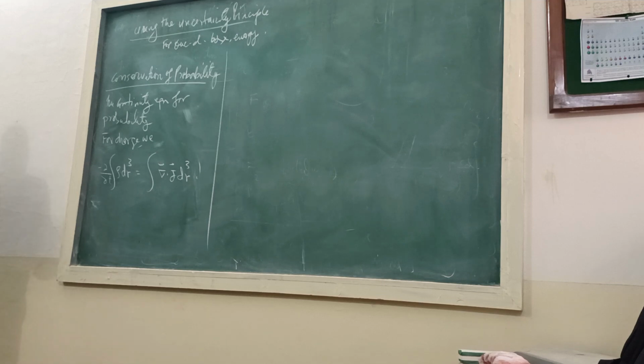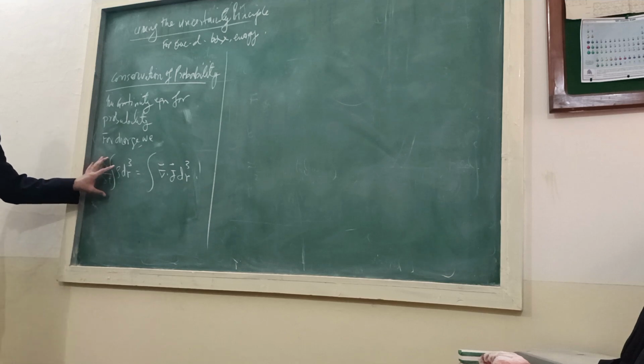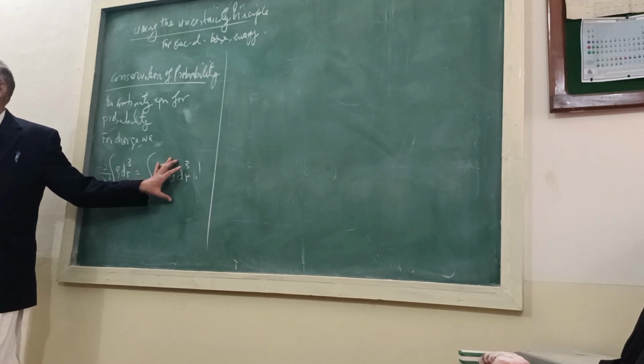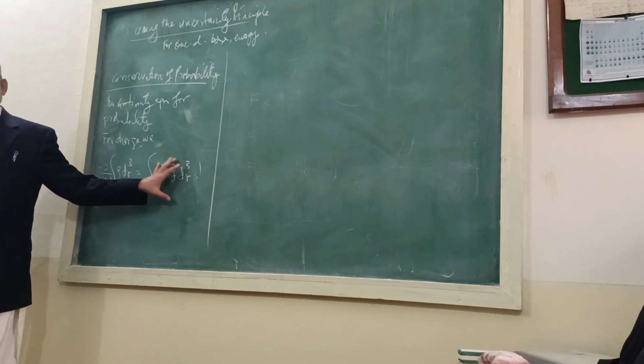There is something flowing out. So, if charge is decreasing somewhere, it must be flowing out as current. And that is the law of conservation of charge.